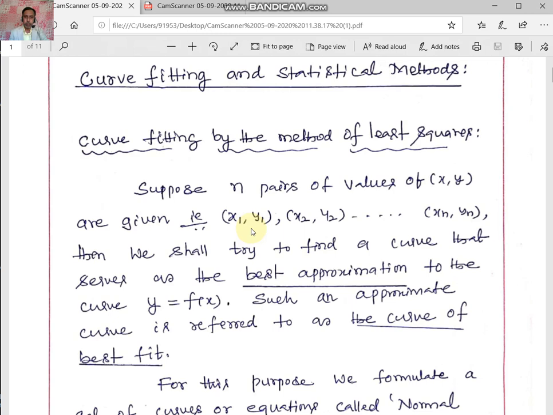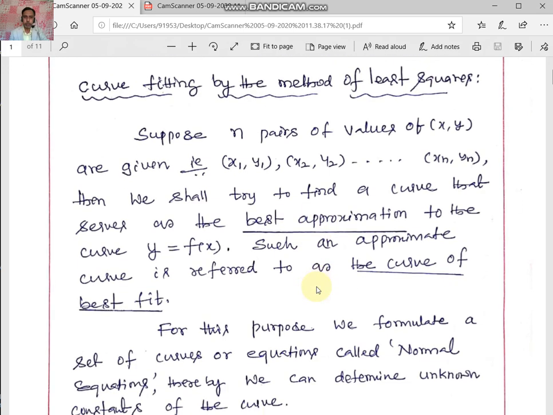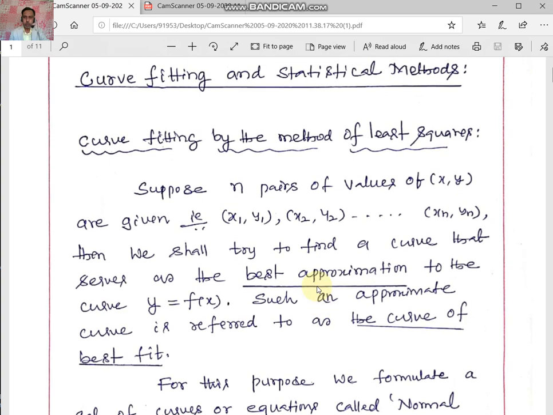Similarly, all errors will be found: e1, e2, e3, up to en. Then square all of them and sum it up: e1 square plus e2 square plus e3 square, and so on up to en square. This sum should be minimum. That is why it is called least squares, or the method of least squares. If it is minimum, then the estimated curve and the expected curve will be almost similar.